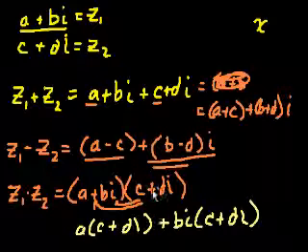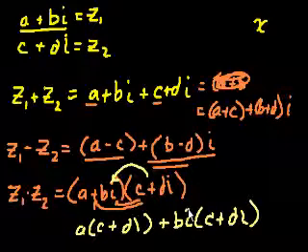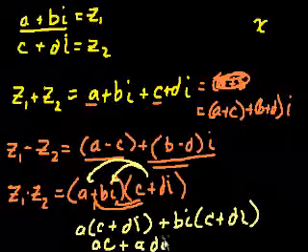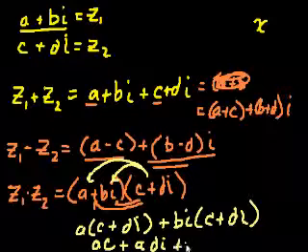All I did is I took the c plus di and I multiplied it by this to get this, and I multiplied it by this to get this. And then we distribute again. We get ac plus a di. This is an i. I know my eyes aren't looking good. A di plus, now what's bi times c?